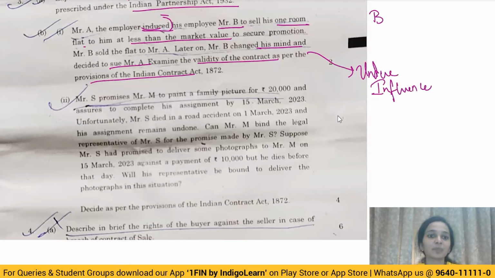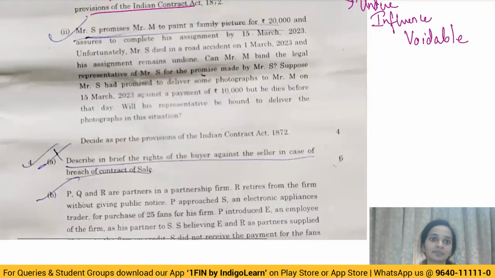Mr. A, being the employer, has dominated his employee, Mr. B, and has made him enter into a contract to sell his flat for a price less than the market price. So yes, Mr. B can avoid the contract. The nature of the contract is voidable, since it is based on undue influence. And Mr. B, being the aggrieved party, has a right to avoid the contract at any point of time he wants to. Moving on to the next question.